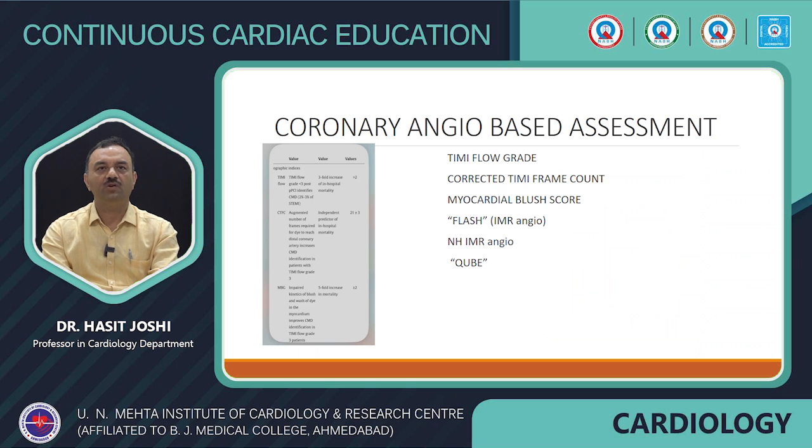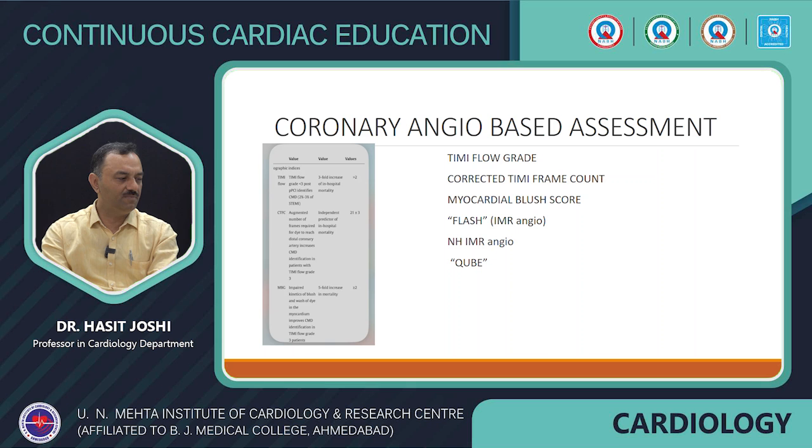Now, what we are familiar with is coronary angio-based assessment, TIMI flow. TIMI flow less than TIMI 3, which is normal TIMI flow, has a 3-fold increase of mortality in future, and it is very specific for microvascular obstruction, however sensitivity is quite low.